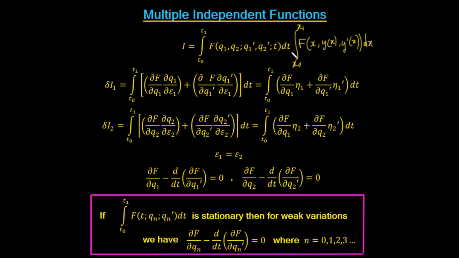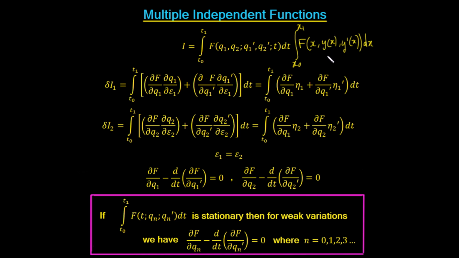Now in this simple functional, as I've said, the independent variable here is x, and we've got one function of x and one function which is the derivative of that. But we could have it where we have not just one function of x, we could have multiple functions of x.